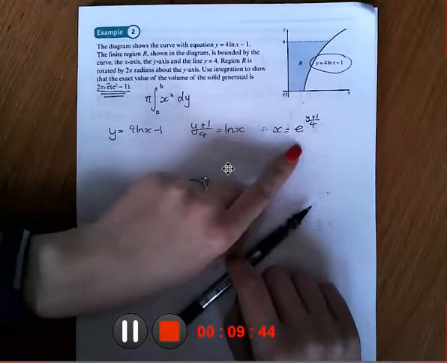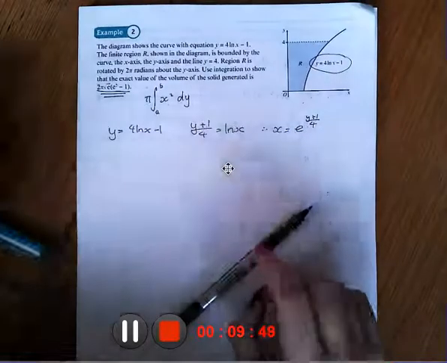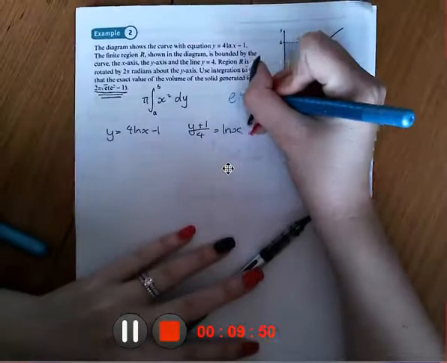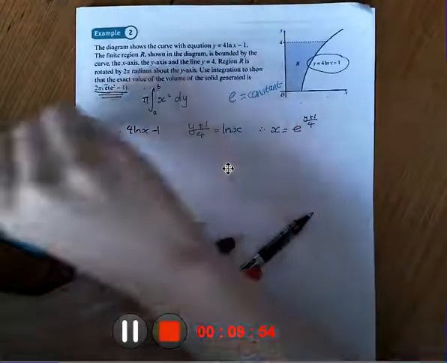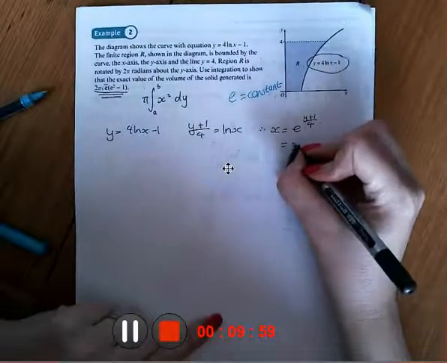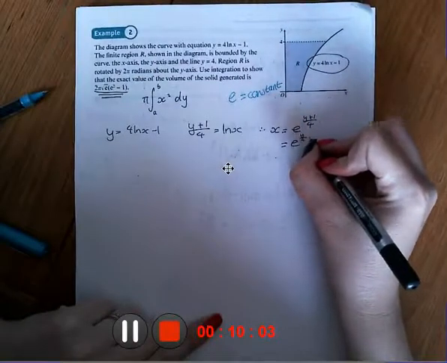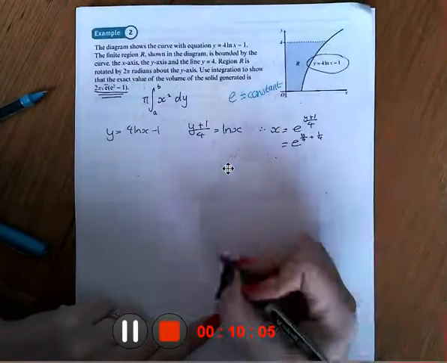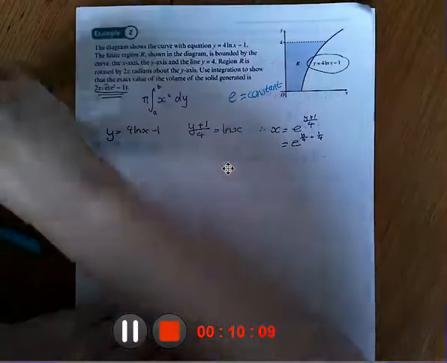This at the moment is not as simple as possible, and part of the reason is because we know that e is a constant. So remembering that e is a constant will help us, because obviously we can take constants out and we want to look for that. So I can split this into e to the power of y over 4 plus a quarter, so I'm separating that.